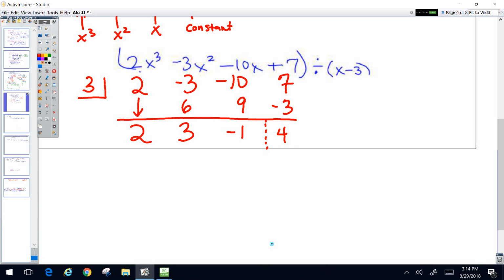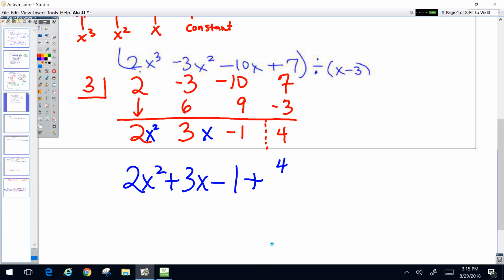Now we have to deal with writing our answer. When we start right here, this is our constant, this is our x, this is our x squared. So we know that part of our answer: 2x squared plus 3x minus 1. Now we can't just ignore the remainder. Just like when we took the remainder and put it over the divisor in long division of numbers, we do the same thing with polynomial division.